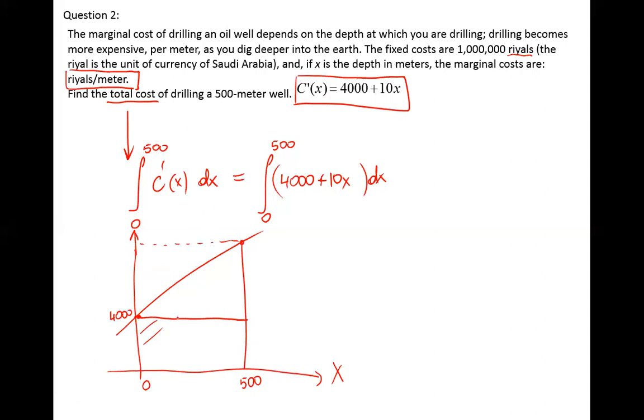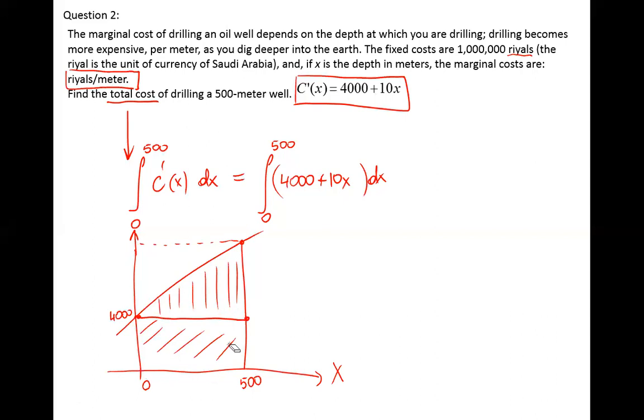We have to find the area of this rectangle and the area of this triangle. The area of the rectangle is base times height. My units are totally off, but it's okay, because this is 500 and this is 4,000.